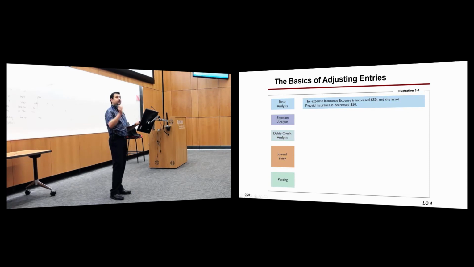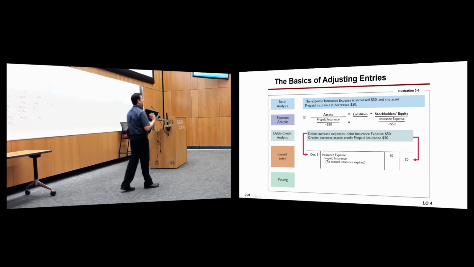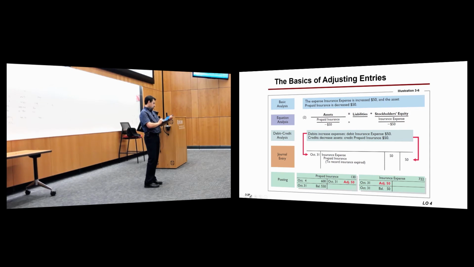As you can see, this is basically the same thing as the one before. We debit the expense, we credit the asset. Remember that this type of assets are prepaid expenses. Any questions?